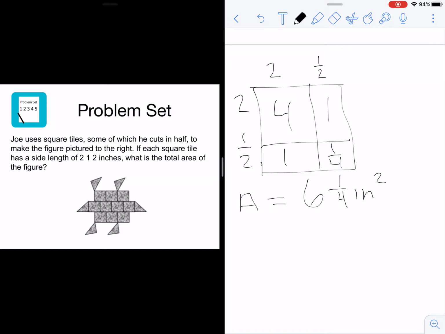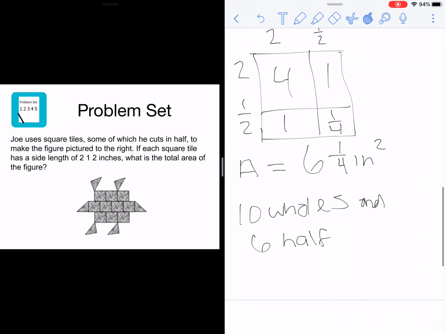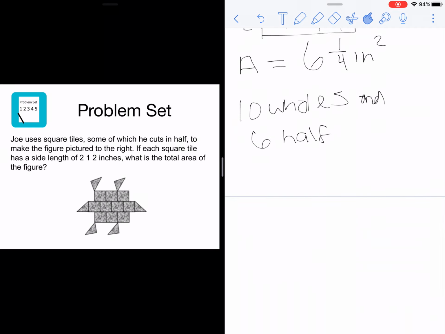We have 10 whole tiles. 1, 2, 3, 4, 5, 6. 10 wholes and 6 half tiles.